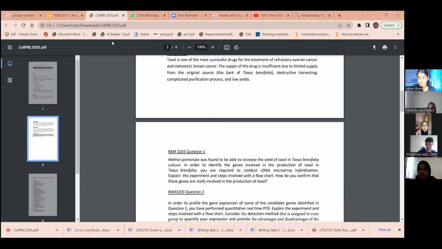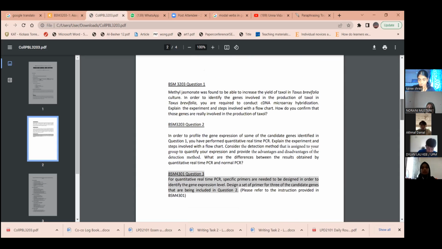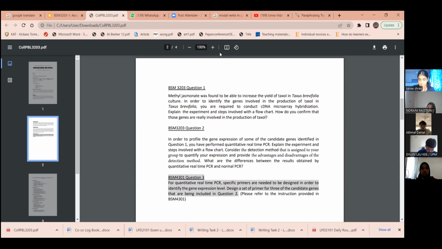I also agree with Kavi. What about the rest? For question 1, two people from us can do question 1, and the others can do question 2 and 3.